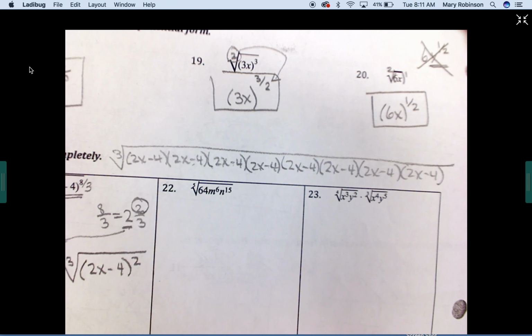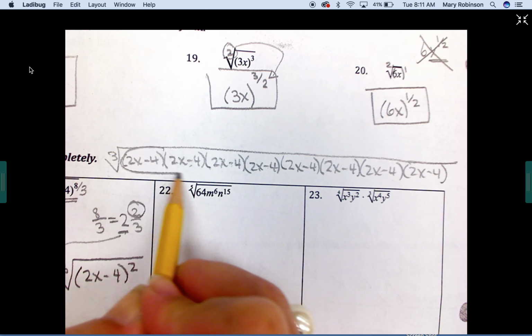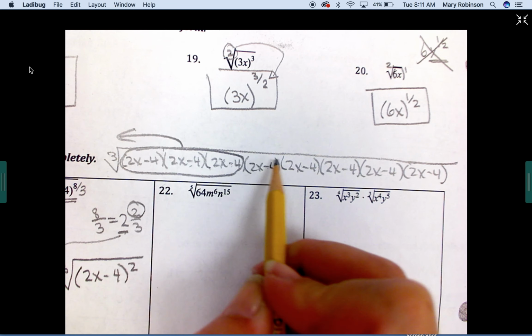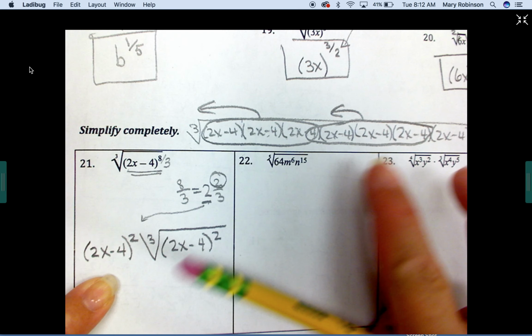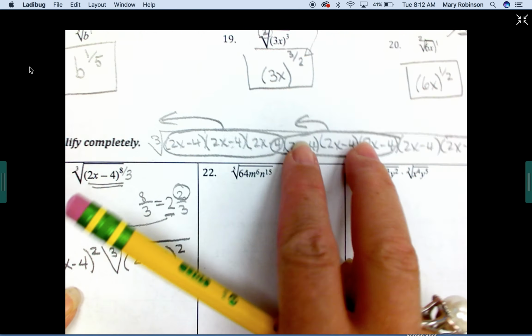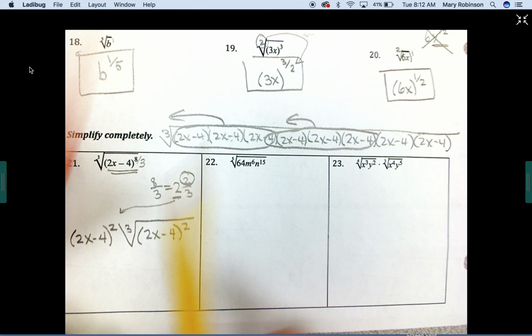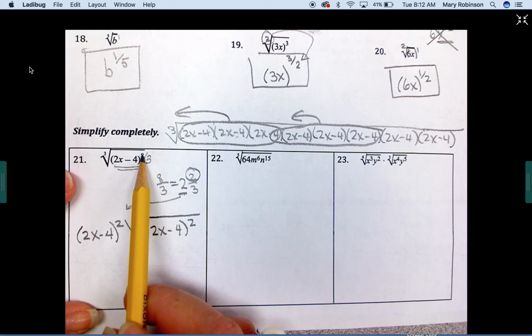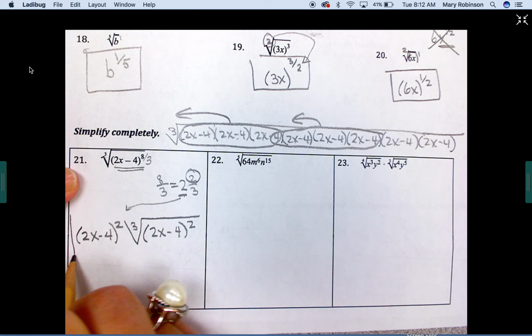So because my index is 3, I'm looking for groups of 3. So here's a group, that's going to come out. Here's a group, that's going to come out. That's why I have 2 quantities on the outside with 2 left on the inside. So that's to illustrate what it means, but you can certainly divide the exponent by the index. So this is the whole answer.